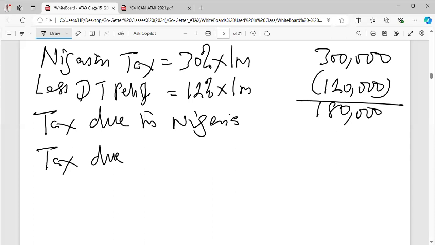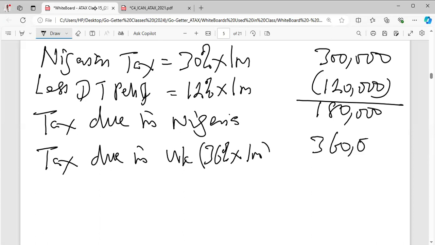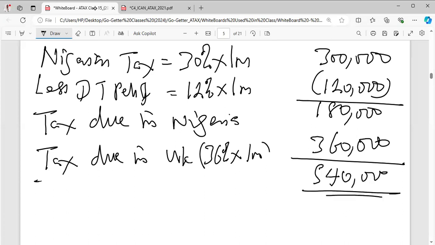Tax due in UK is going to be 36% of 1M, which is going to be 360. So it means here 180 plus 360 is 540,000. So this is the total tax due.